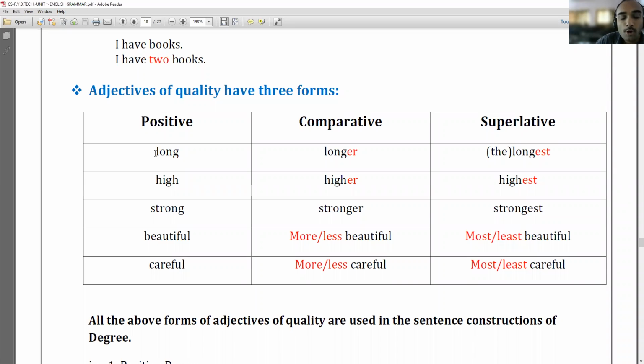Okay, so long is the positive adjective, its comparative will be longer. When two dissimilar things we are comparing them, then we have to use comparative degree.